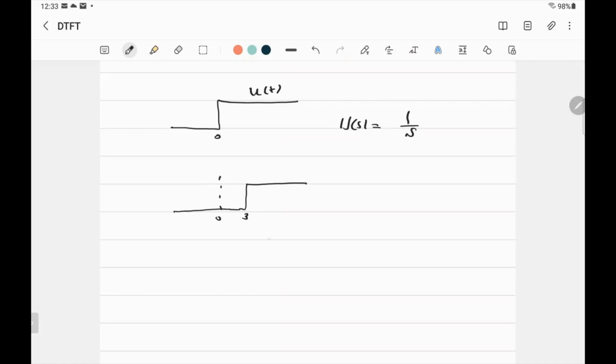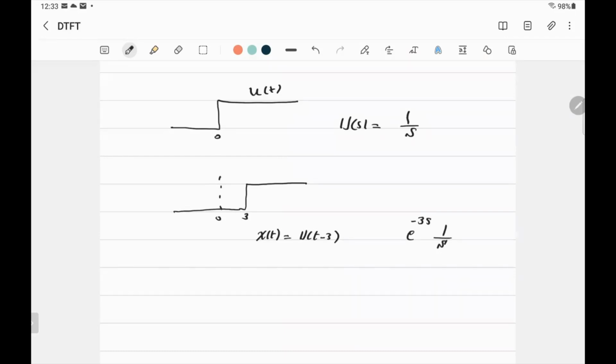How do you define this function? You define it as x of t equal to u of t minus 3. The Laplace of this one will be the same as before, X of s, multiplied by e to the power of minus the delay, e to the minus 3s.